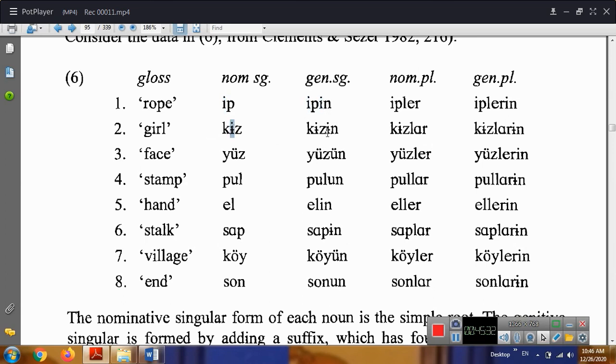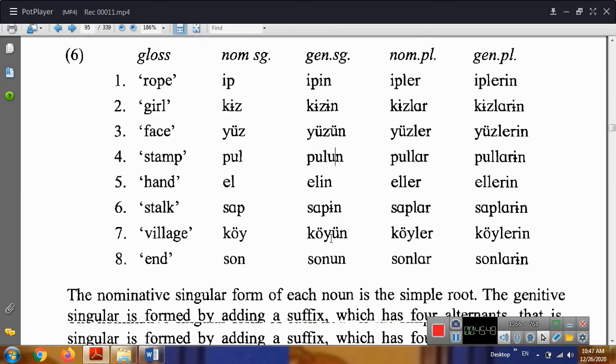Here we have this form of the vowel because they want to be the same. For u, we have u. Here it is e, and others.